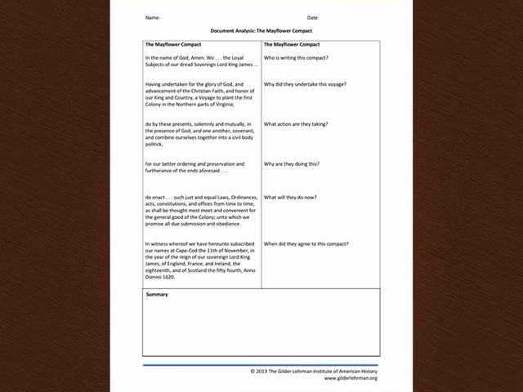And then you see on the right-hand side, next to each paragraph, it has a question. And the question goes along with that paragraph to the left. And then after you answer these questions, you're going to write a summary in your own words. What do I mean in your own words?